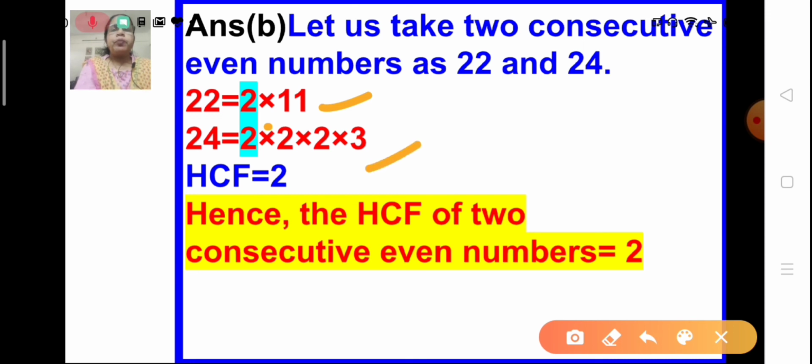So what is their common factor? The common factor is 2. So their HCF is 2. So the HCF of 2 consecutive even numbers is 2. You can take more examples of 2 consecutive even numbers and find their HCF. It will be 2.